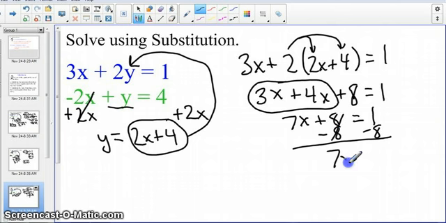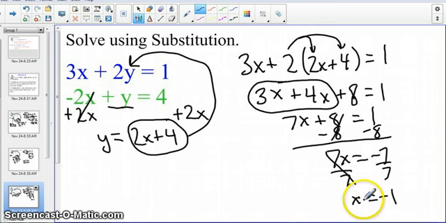So 7x equals 1 minus 8 is negative 7. Divide both sides by 7. These 7s, they've simplified down to 1. Negative 7 divided by 7 is negative 1. You have your x variable.